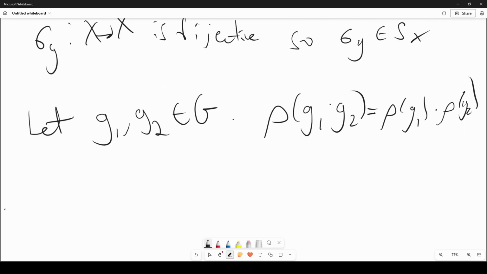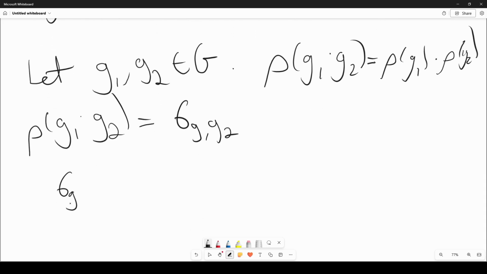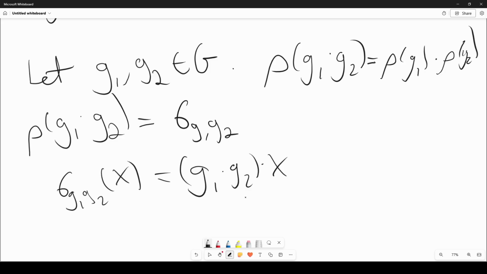Okay, well, we see rho of g1 times g2 is going to equal sigma of g1 g2. Now let's just analyze how this function behaves. Well, we see sigma g1 g2 of x is going to equal g1 times g2, then this applied to x. But using our action law, we can separate this parenthesis into g1 times g2 applied to x.